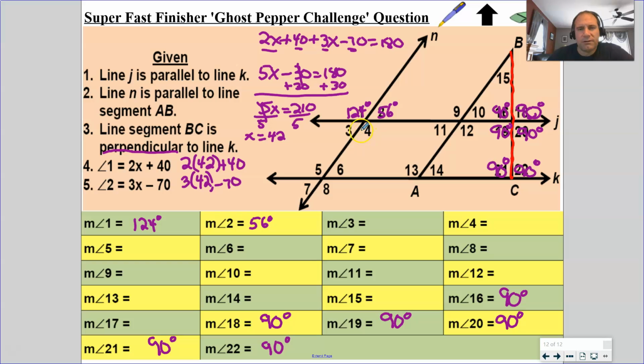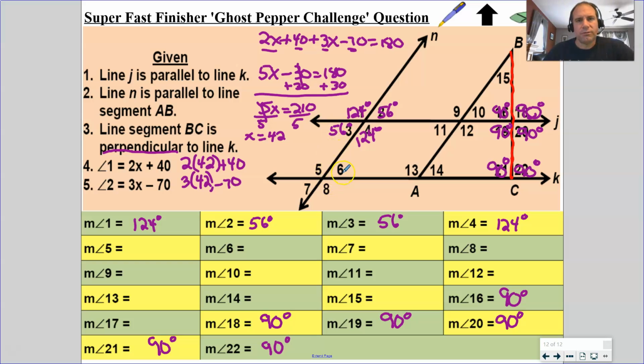Angle 2 is 56. Now the easy part. Angle 4 is vertical to angle 1, so that's 124 degrees. Angle 2 and 3 are vertical, so that's 56 degrees. Take a look. You have parallel lines cut by a transversal. So 3 and 6, what's the relationship between 3 and 6?